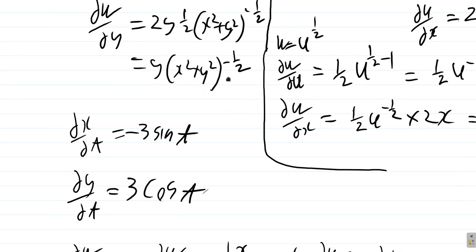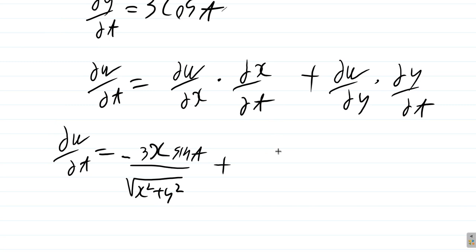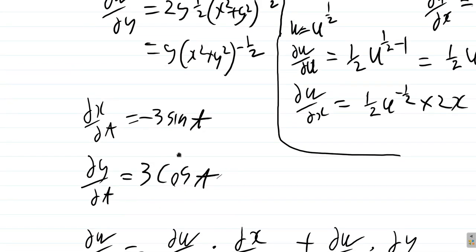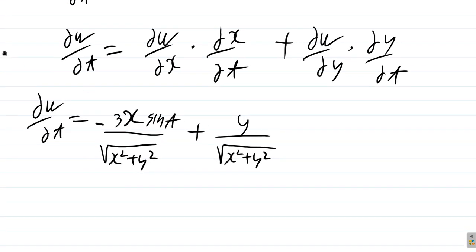So it's going to be y over the square root of x squared plus y squared. Now, this now, the partial y by partial t is 3 cos t. So you can just put the 3y cos t here.